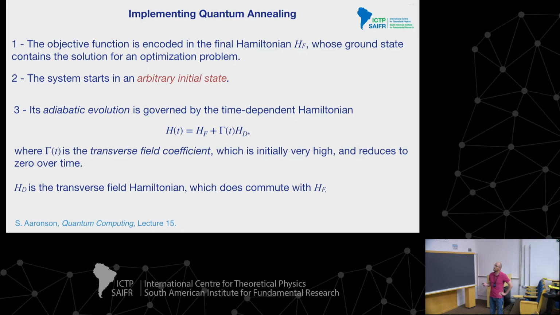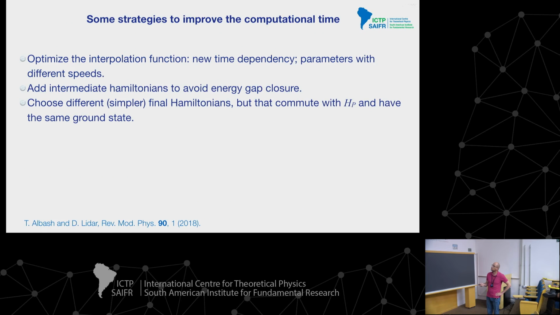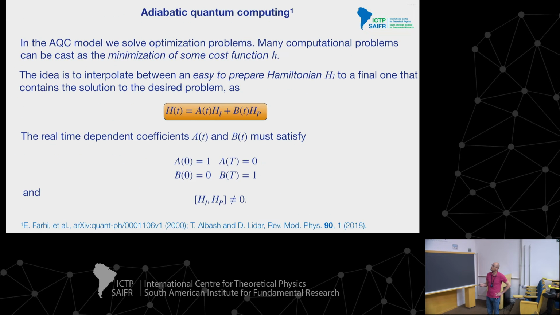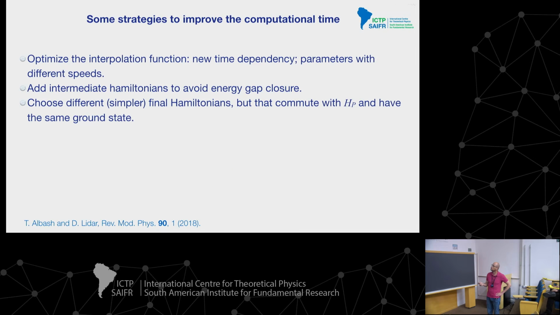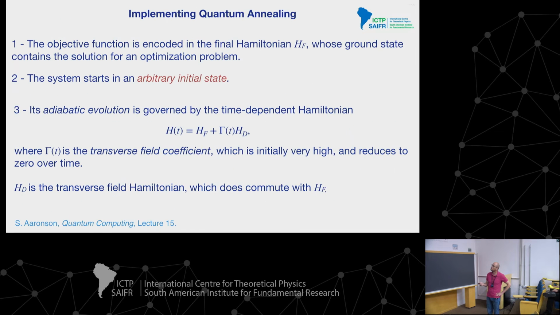Observe here. H_F is the final Hamiltonian, and H_T is the transverse Hamiltonian. Observe that although this Hamiltonian H of t is different from the previous one of adiabatic quantum computing, let me show you. It's possible to choose A of t and B of t such that these two expressions are equal, right?